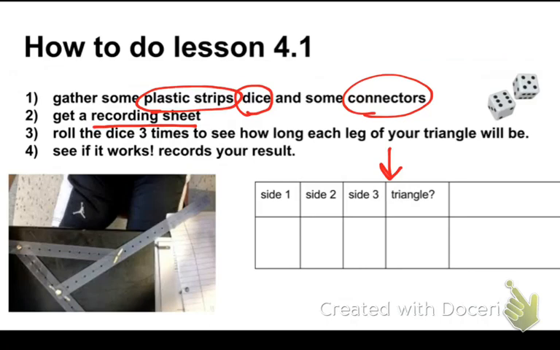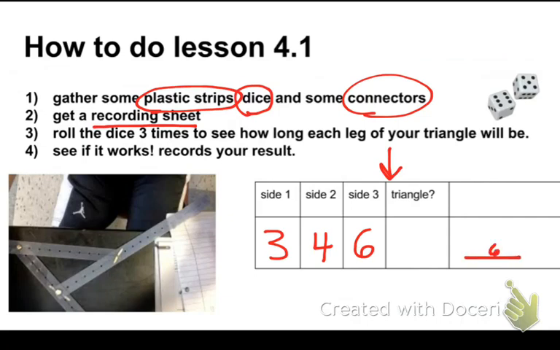What you're going to do is roll the dice and see if you can get a triangle to work. You're going to test our theory that you need to have 2 shorter sides adding up to be larger than your longer side. Okay? So, let's say I roll my dice and I get a 3, a 4, and a 6. Will it form a triangle? Well, it actually will.